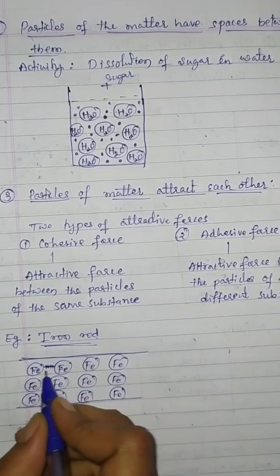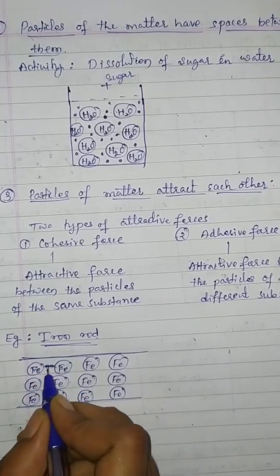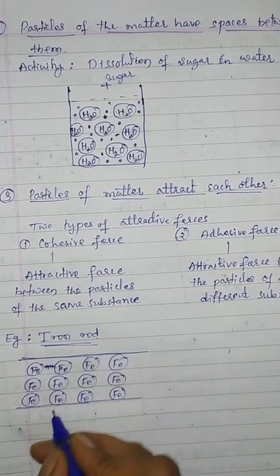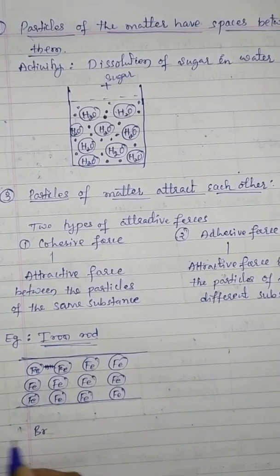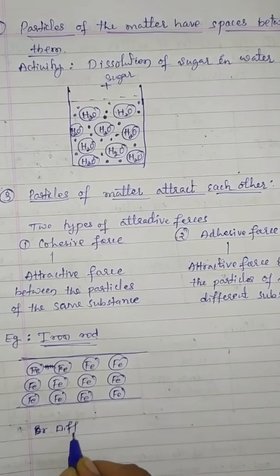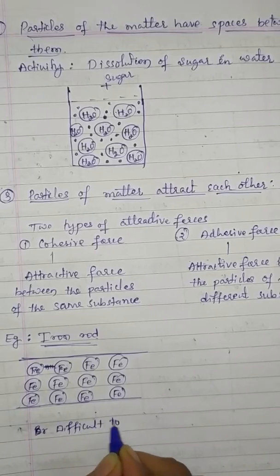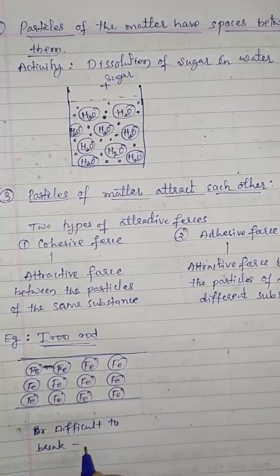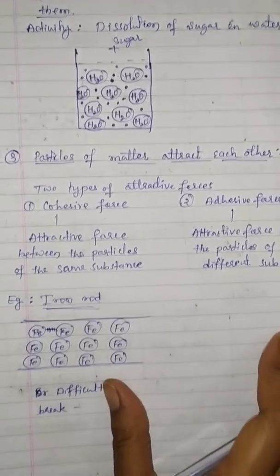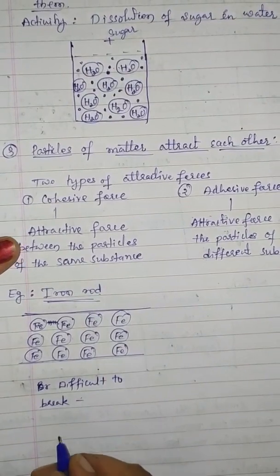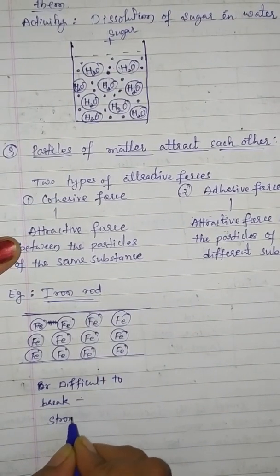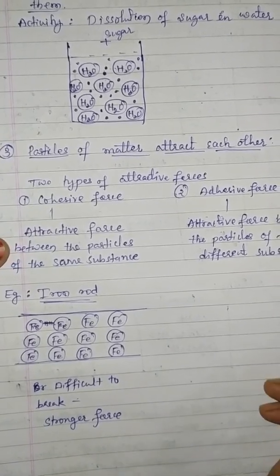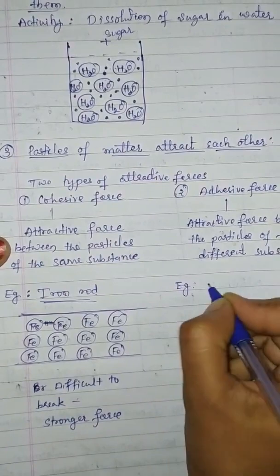Here the attractive force is between the particles of the same substance, that is iron particles. So it is difficult to break this iron rod, because this cohesive force is a stronger force.